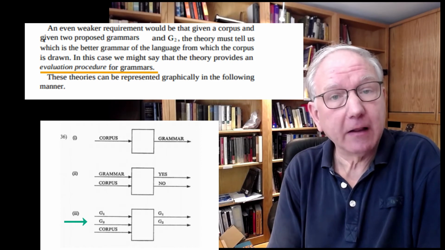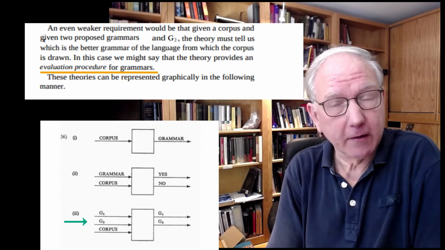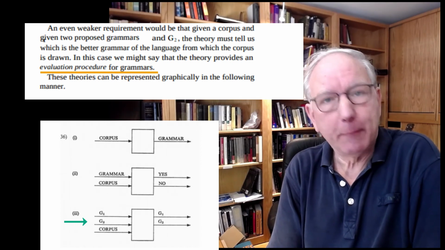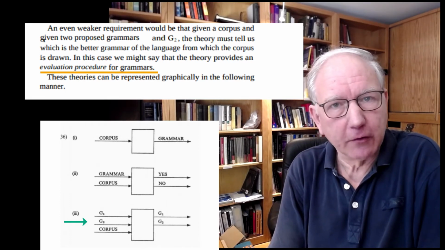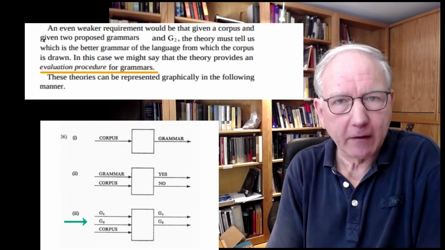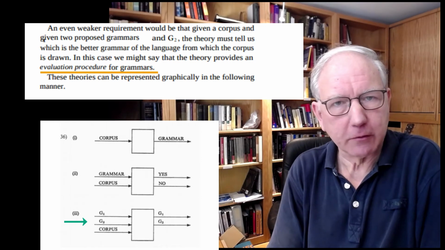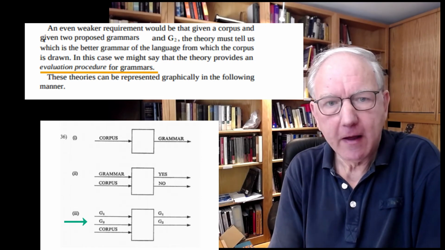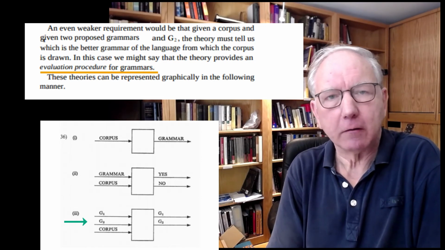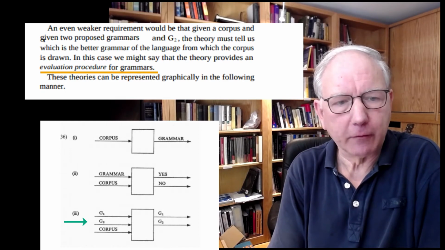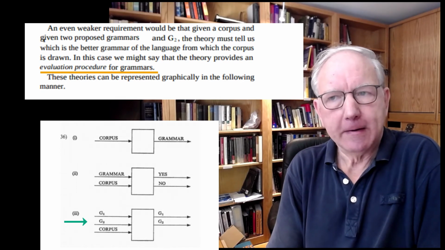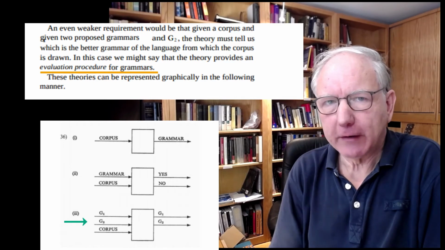And that'll lie at the heart of what Chomsky is doing and what he considers generative grammar, up until the late 70s when he opts for what he would then call principles and parameters, which basically abandons this notion of an evaluation procedure based on global properties of grammars. So how does this reflect on what Harris is doing?